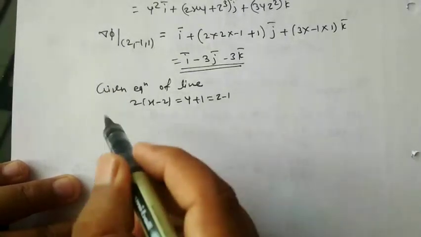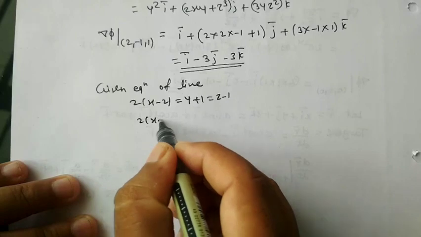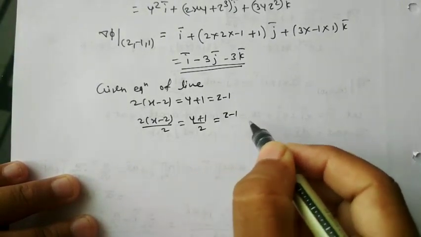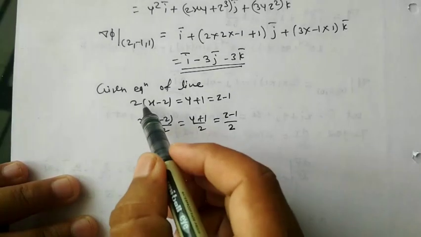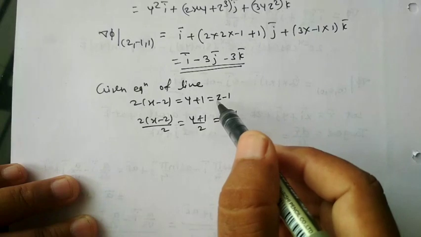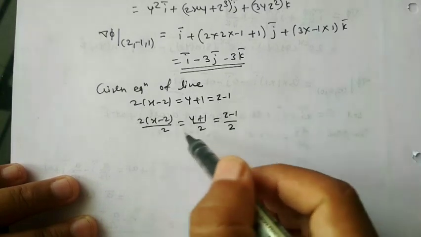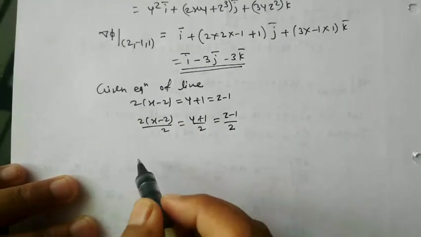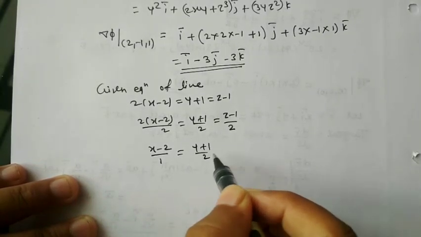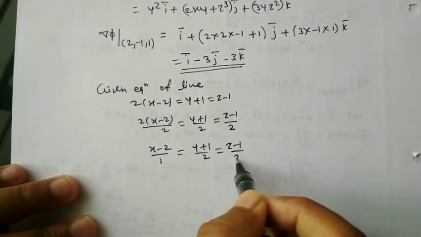Just divide this whole equation by 2, for making all coefficients, that is the coefficient of x, y and z, equal to 1. That's why we divide the whole equation by 2. So this is x minus 2 upon 1, y plus 1 upon 2, z minus 1 upon 2.